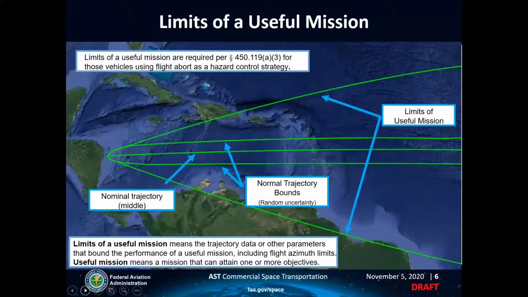But then you also have these limits of a useful mission, which is the operator indicating where they would like to be able to fly without flight abort, because the mission is still useful to them if they do fly in this direction, even though that's not the direction that they intended to fly in. So this is a simple example. This is just showing flight azimuth limits of a useful mission. But there could be other examples as well that characterize other types of failures.